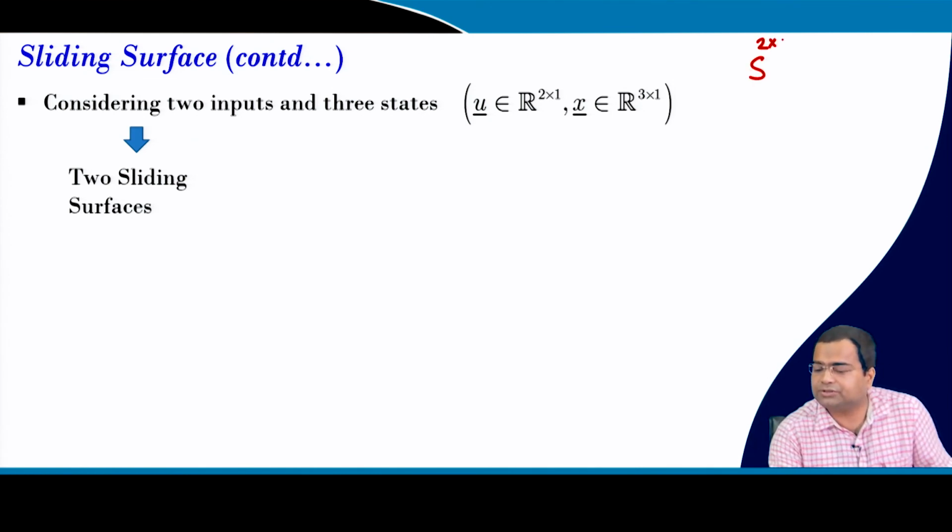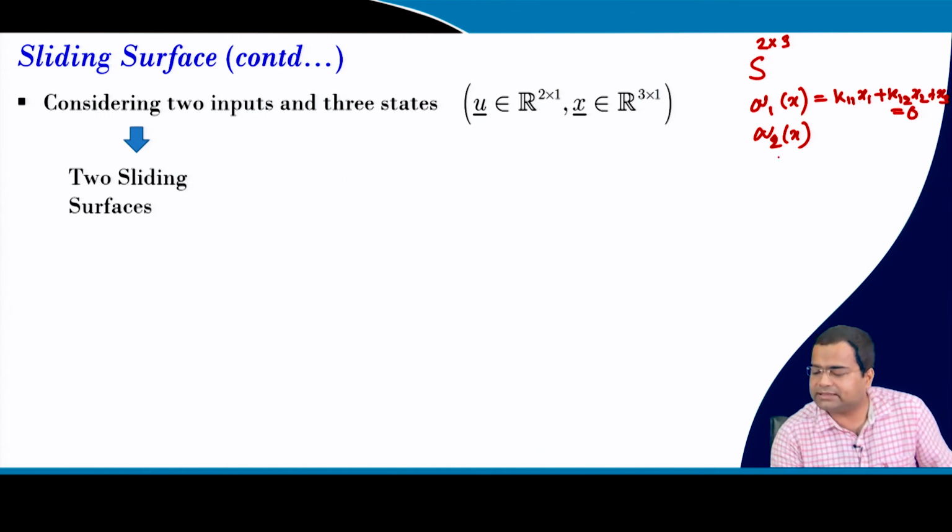Now if you consider 2 inputs, 3 states, 2 sliding surfaces, S has 2 cross 3, that means we have sigma 1x and sigma 2x. Sigma 1x is k11 x1 plus k12 x2 plus x3 equal to 0, and sigma 2x is k21 x1 plus k22 x2 plus x3 equal to 0.